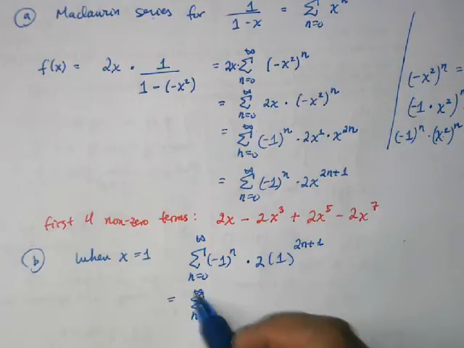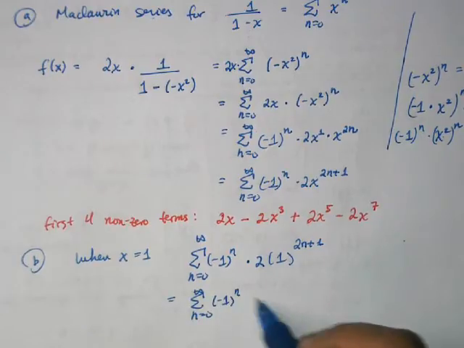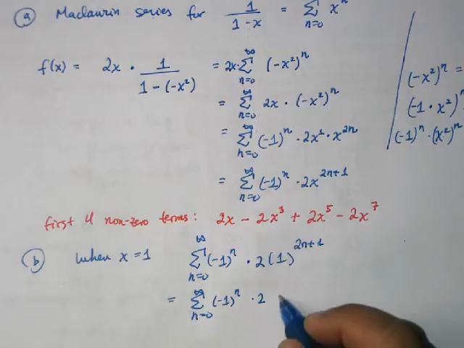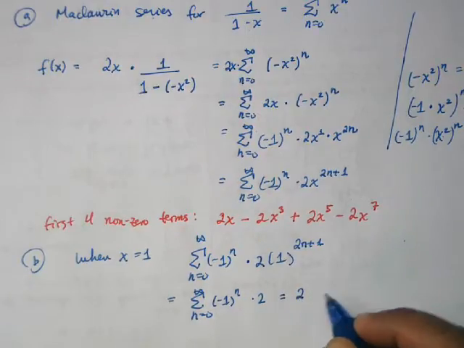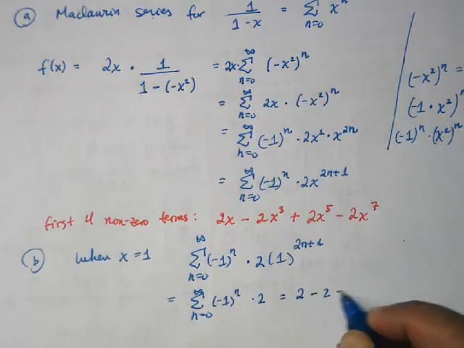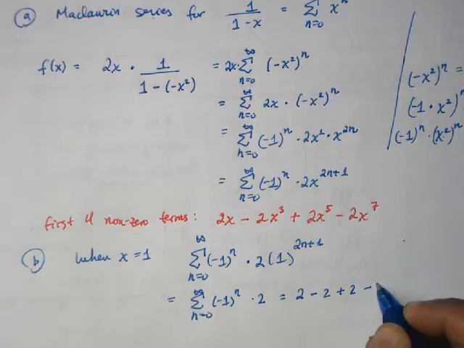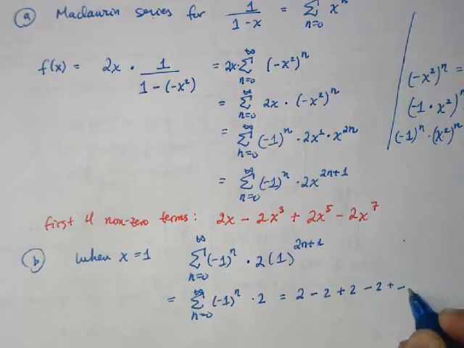So I can write this as n equals 0 to infinity of negative 1 to the nth times 2. Okay? And now I can see that it's going to alternate. This series is just going to be alternating between positive 2, minus 2, plus 2, minus 2, and so on.